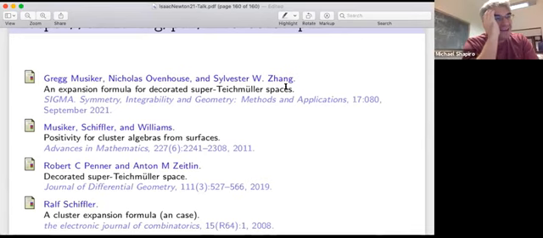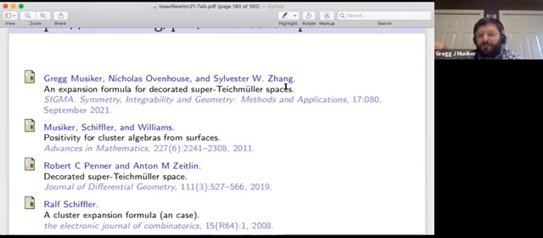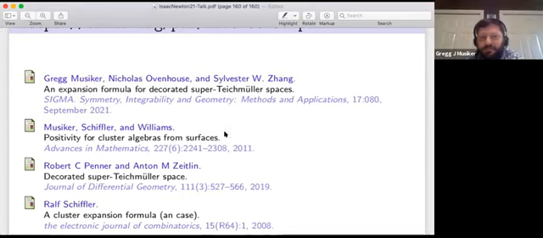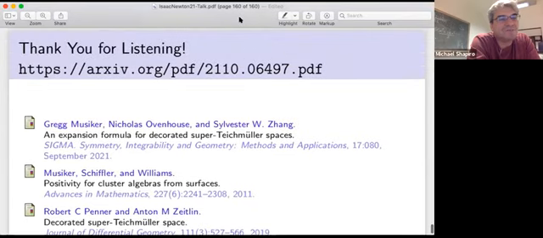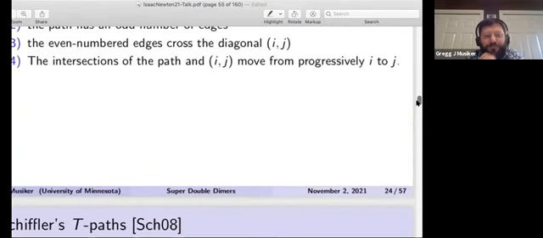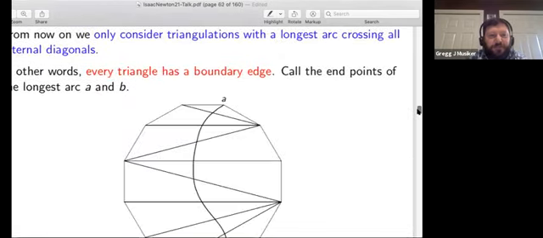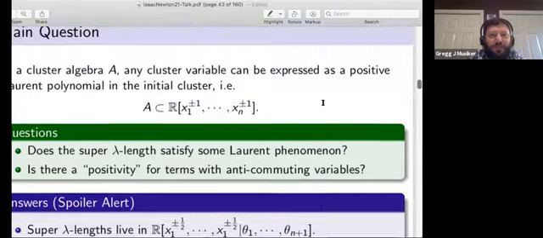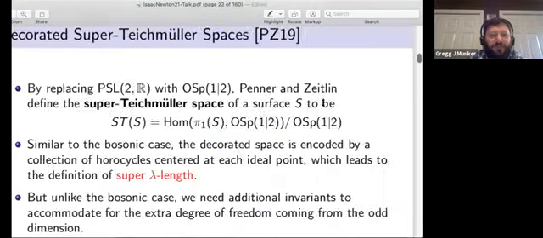This transformation, in the original Penner-Zeitlin, is it invariant under this OSP form, which is symmetric with respect to even variables and quadratic with respect to odd? Is it true here also that you have some invariant form? We don't use the invariant form directly, but since we're using Penner-Zeitlin, I think it's there implicitly. Let me just scroll back to this definition.